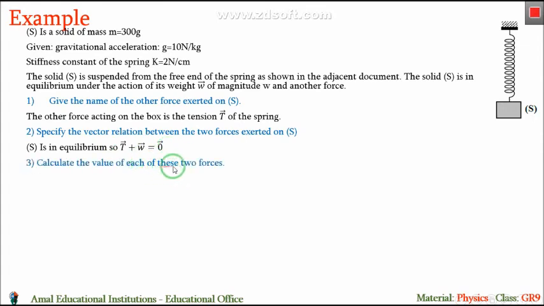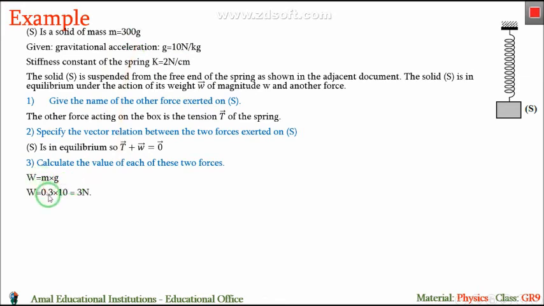Calculate the value of each of these two forces. First, to calculate the value of the tension and weight forces, we must look at the given. We have the mass and the gravity, which allows us to find the magnitude of the weight force, using the formula of the weight: weight is equal to mass times gravity. The mass must be converted from gram into kilogram by dividing 300 by 1000.